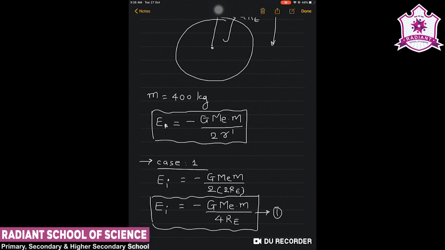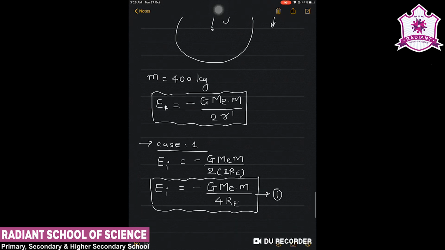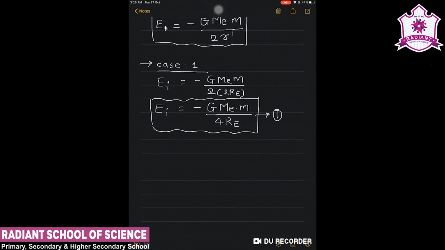Now we have to send it to the distance, that is 4 Re. So in the final condition, that is case 2, we have to send it to the distance 4 Re.